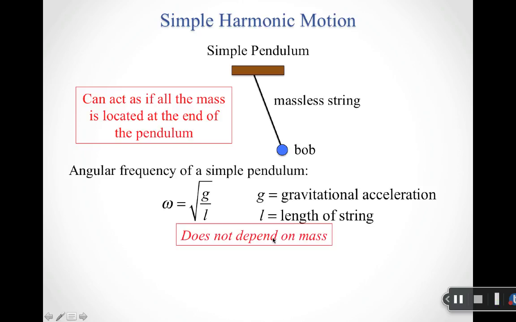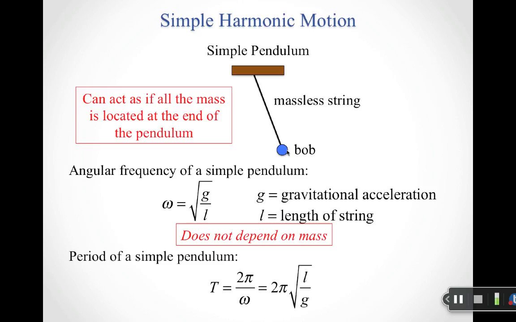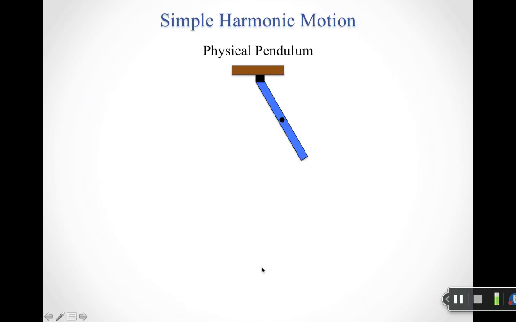One thing to note is it does not depend on the mass. If I can act like all the mass is at the end of the string, then I don't actually care how much mass is there. That's something important to keep in mind. Then the period of my simple pendulum is T equals 2 pi over omega. So again, 2 pi over the square root of g over L, which is 2 pi times the square root of L over g.